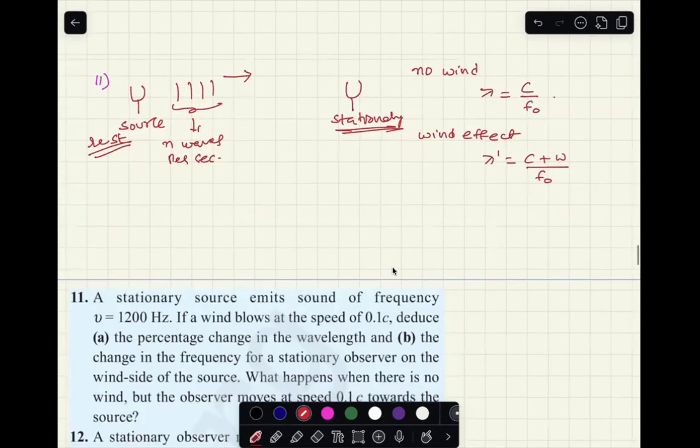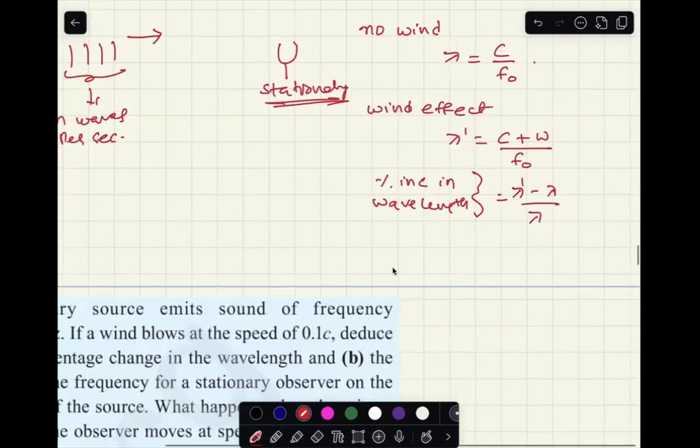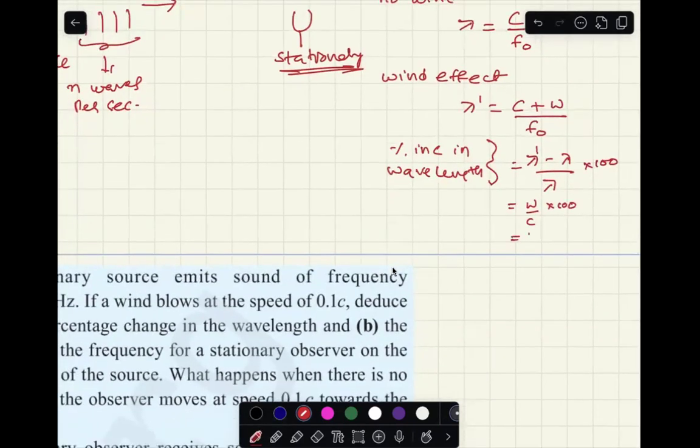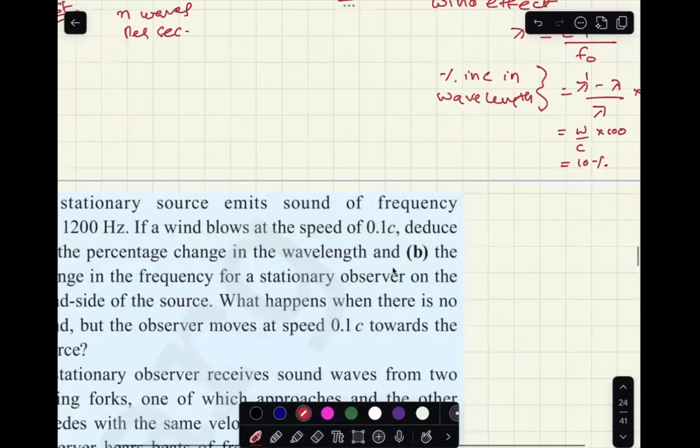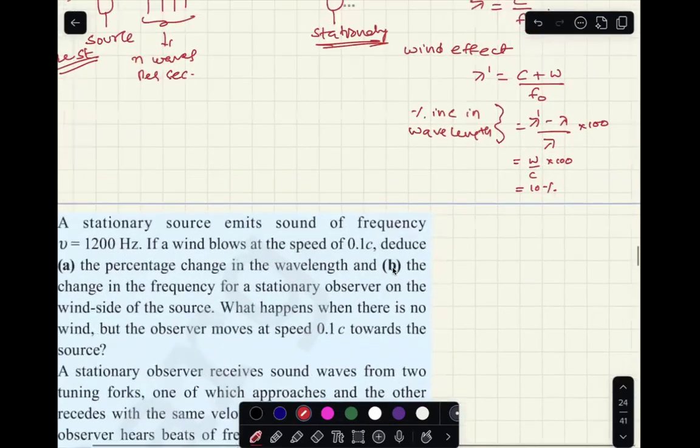The percentage increase in wavelength is (lambda dash minus lambda) by lambda, which is W by c into 100. W is 0.1 c, so this becomes 10%. The wavelength increases by 10%. That is the first question.